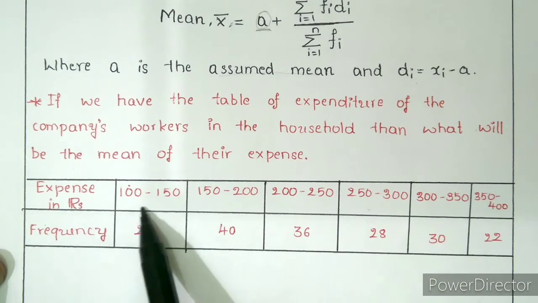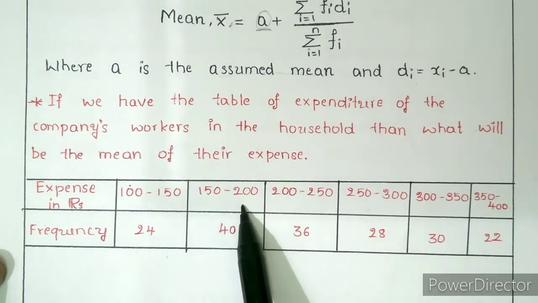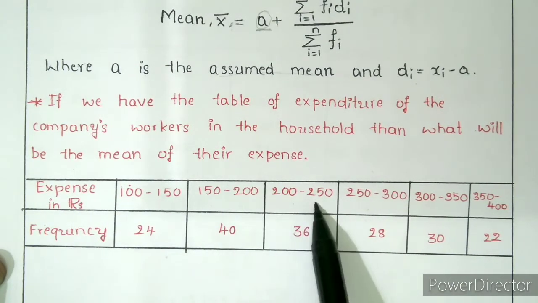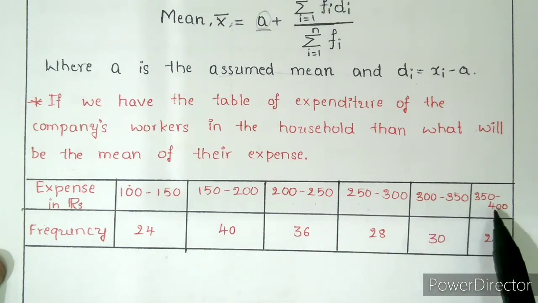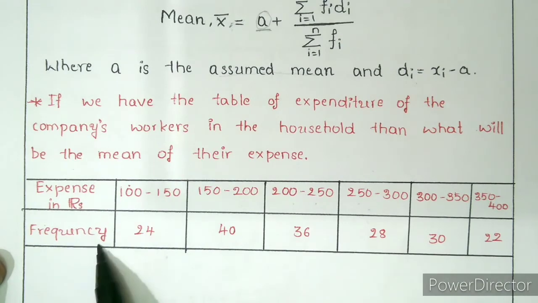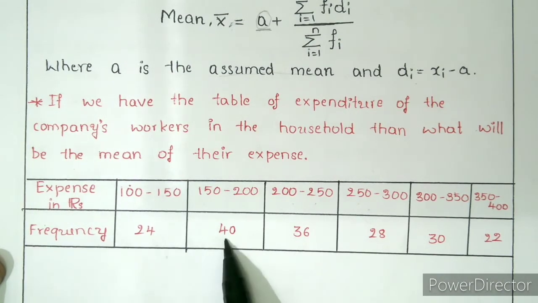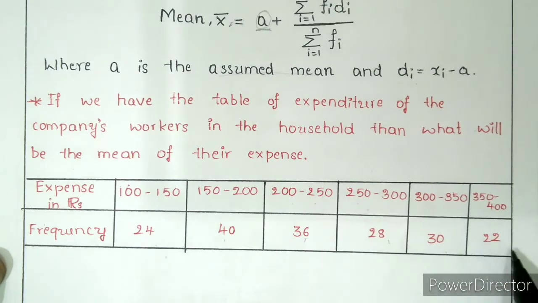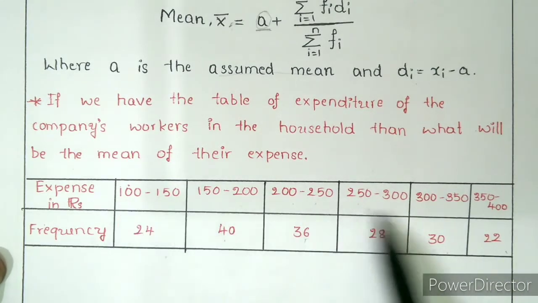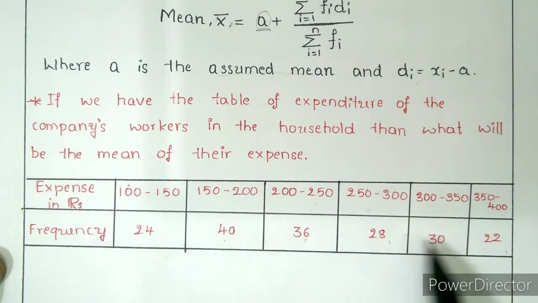Expense in rupees: 100 to 150, 150 to 200, 200 to 250, 250 to 300, 300 to 350, 350 to 400. The frequencies are 24, 40, 36, 28, 30, 22. These are the class intervals and these are the frequencies.